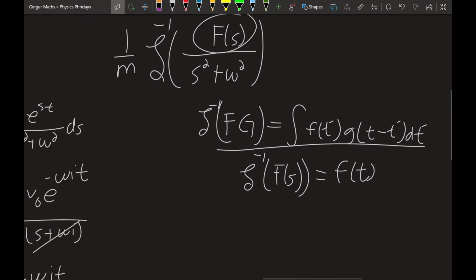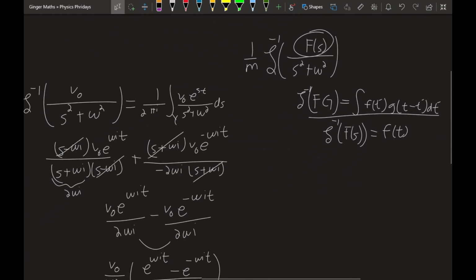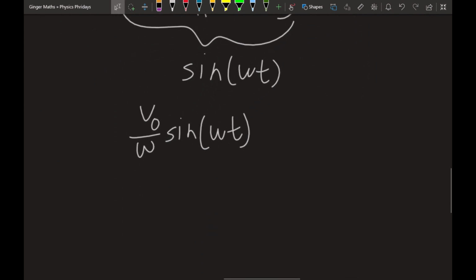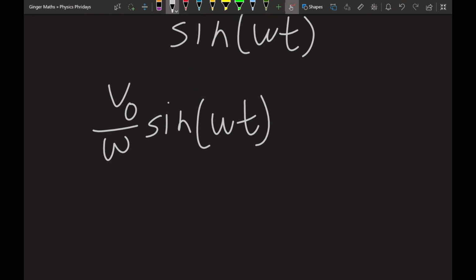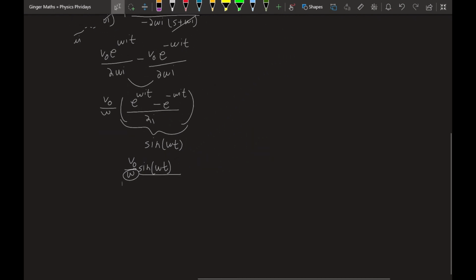But what we actually did when we were evaluating the sine bit is find the inverse Laplace transform of 1 over s squared plus omega squared, which we found to be just this sine term right here, sine of omega t, and then also that little bit tacked on as well.